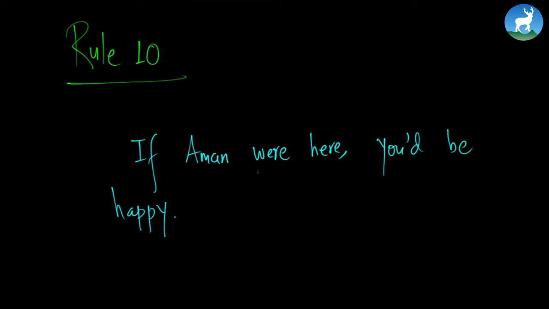You see, whenever we are talking about type 2 conditional, we use were instead of was. And why do we do that? Now the question is, shouldn't Aman be followed by was, not were, given that Aman is singular? But Aman isn't actually here. So we say were, not was.